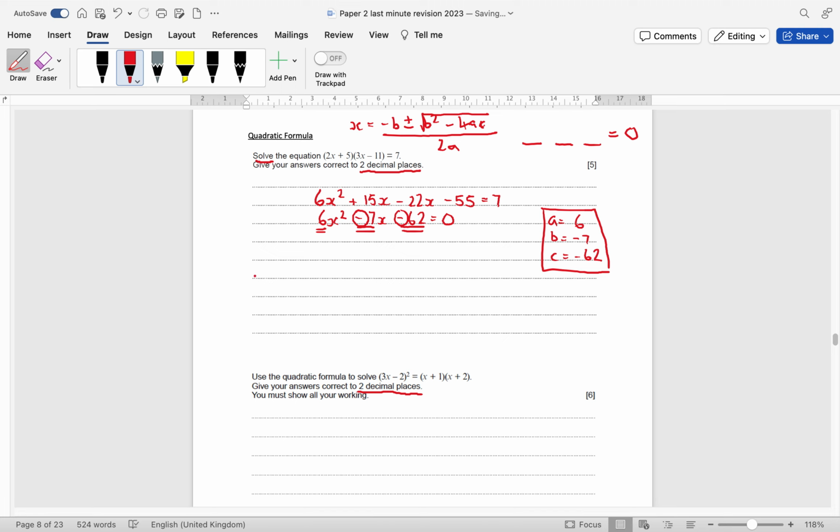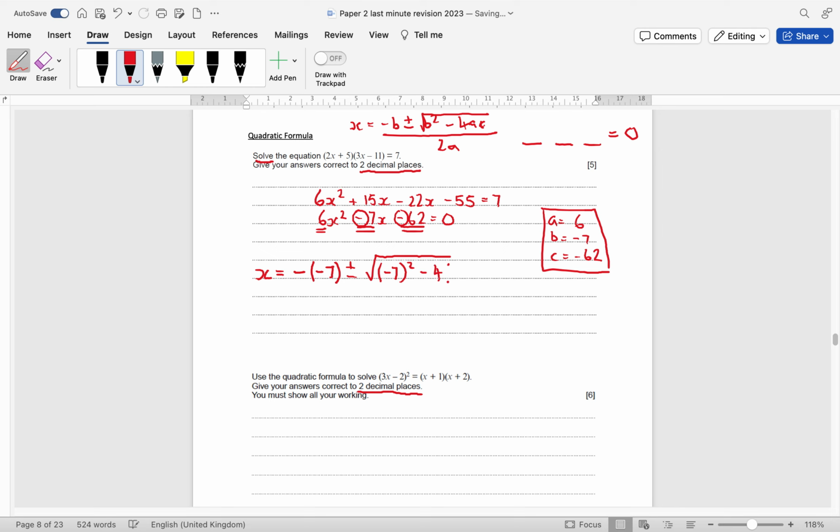Okay, X equals minus B. But B is minus 7. Don't just write minus 7. It's minus minus 7. Plus or minus the square root of B squared.